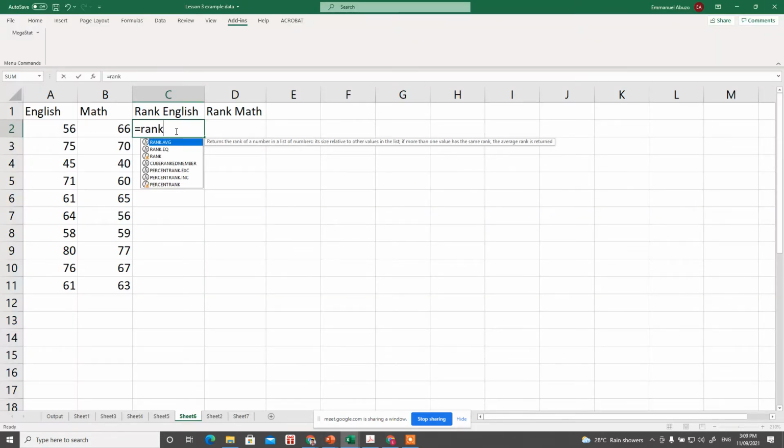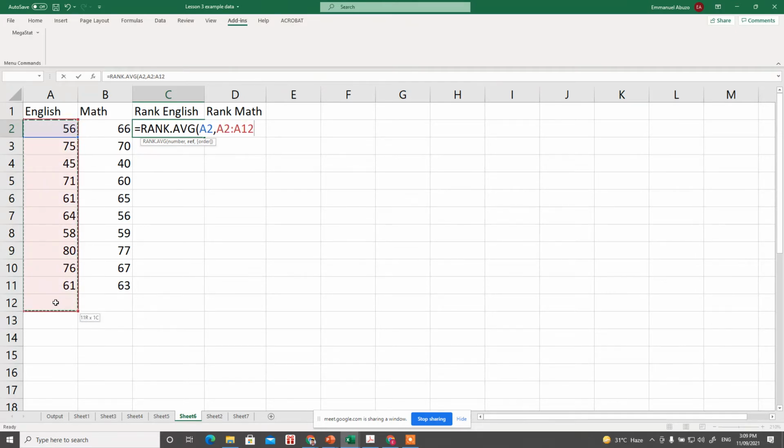Rank. Here we have two formulas for the rank. If there are tied elements, this first rank formula will get the average of those ranks. This other one is not going to get the average of the tied ranks, so we're going to use this one. Then the number that we are going to rank, then comma, the reference: what table or data are we going to rank?